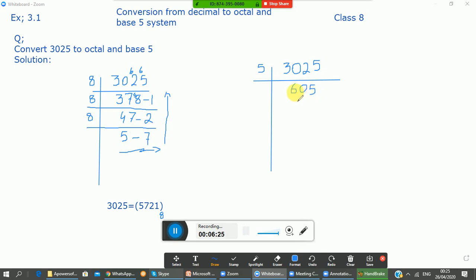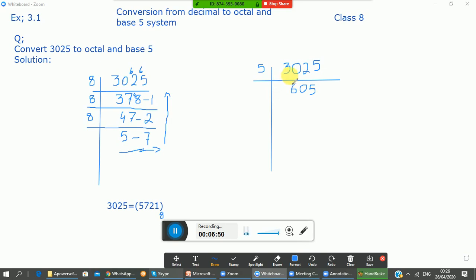Okay, again see, 3 is not divisible. 3 is smaller than 5. So we didn't put 0 here because on the left side of any digit 0 has no value. If we put 0 here, it is useless. So no need to write 0 here.